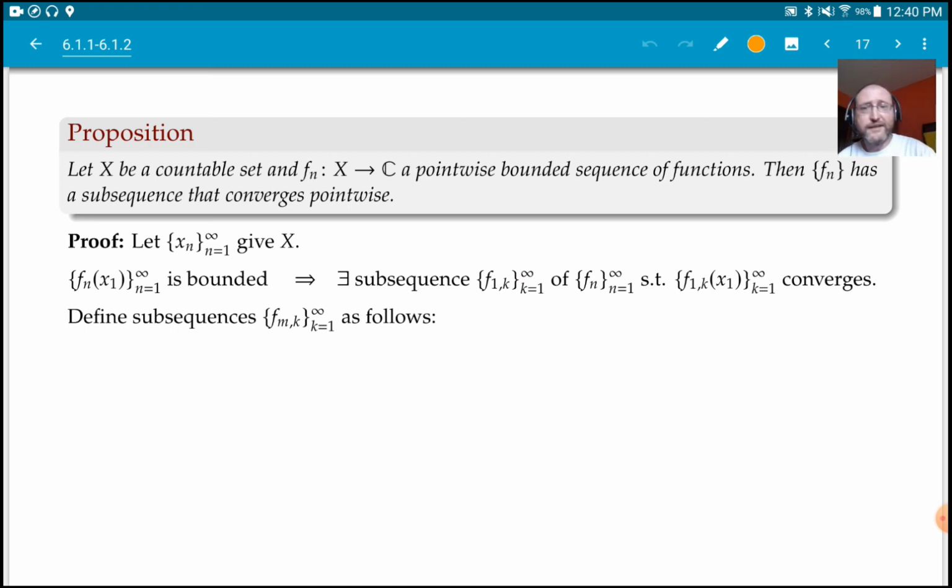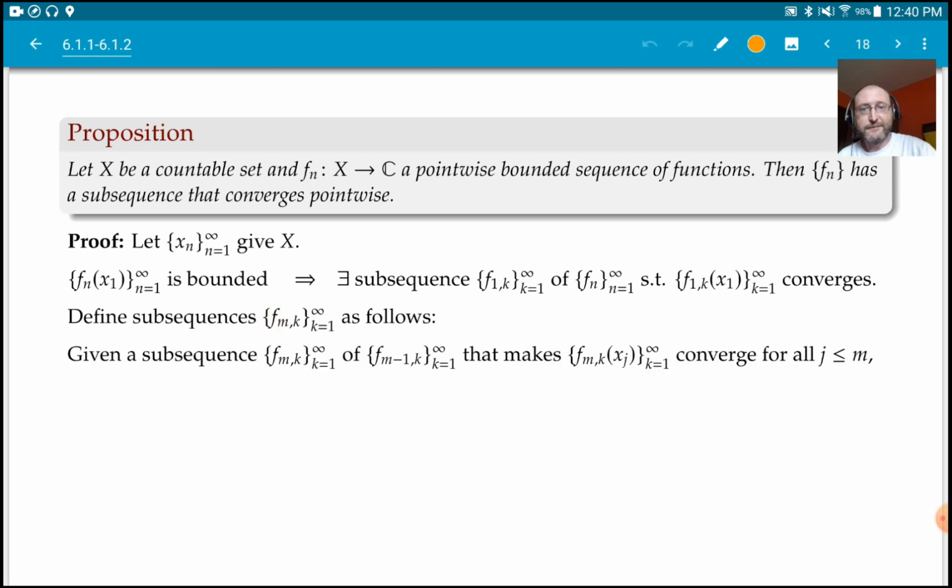Now we keep doing this. We're going to define the mth subsequence. It's going to be a subsequence of the (m minus 1)th subsequence, such that the sequence converges at all x_j for all j less than or equal to m. So 1, 2, 3, 4, 5, all the way up to m.